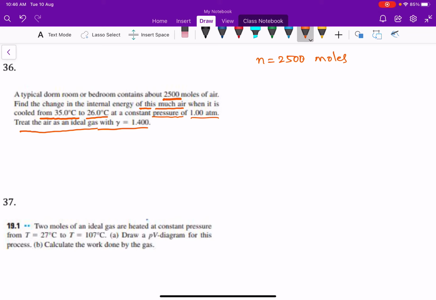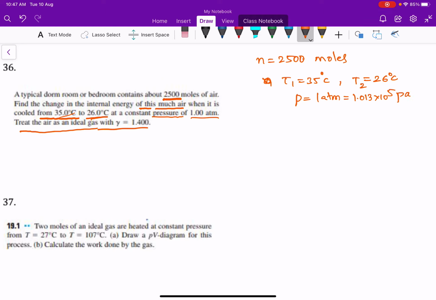The gas cooled from 35 degrees Celsius to 26 degrees Celsius. So initial temperature T1 is equal to 35 degrees Celsius and final temperature T2 is equal to 26 degrees Celsius at constant pressure P equal to 1 atmosphere, that is 1.013 into 10 to the power of 5 pascals.